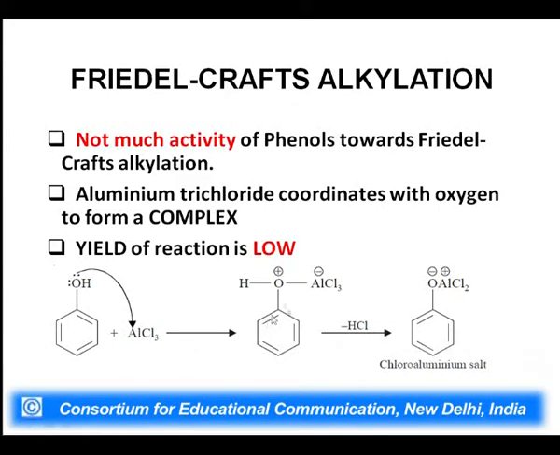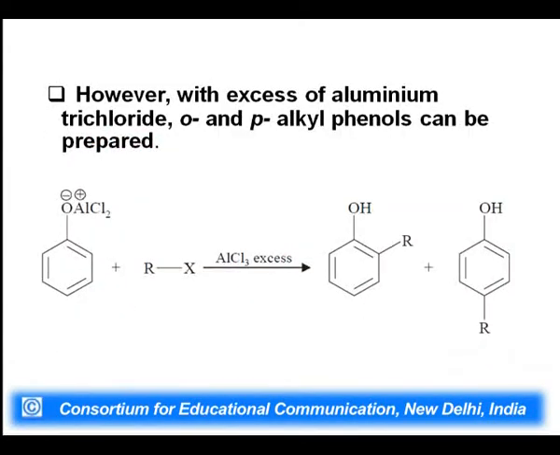What happens here is that from this complex HCl is eliminated and we get a chloroaluminium salt. We can bring about this reaction if we do it with excess aluminium chloride. Then it undergoes alkylation and we are able to get ortho and para alkyl phenols.